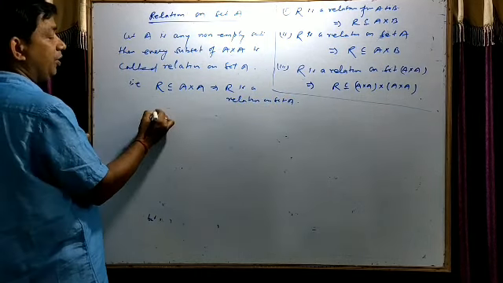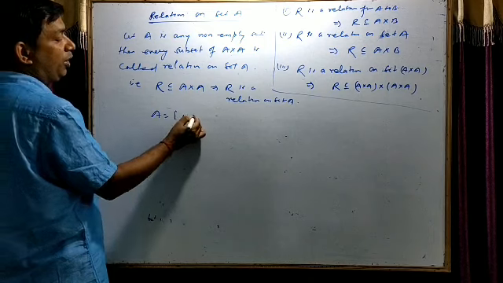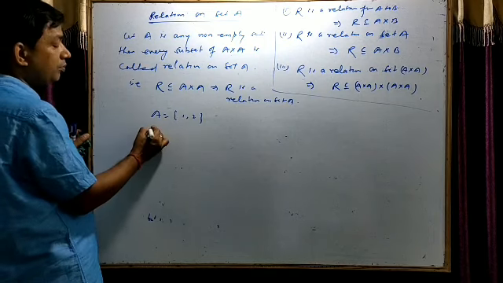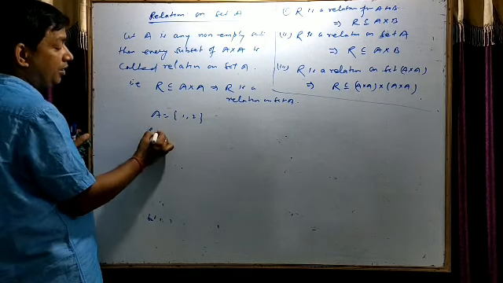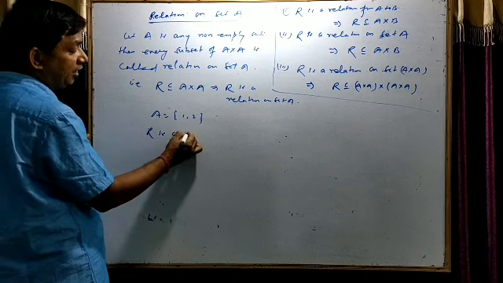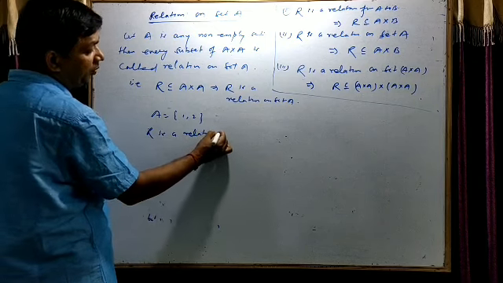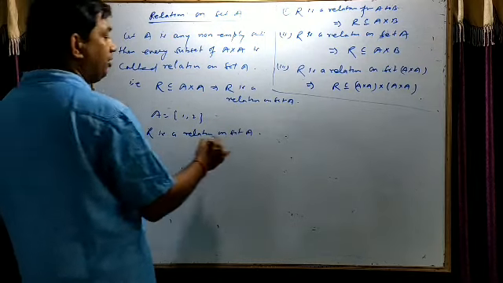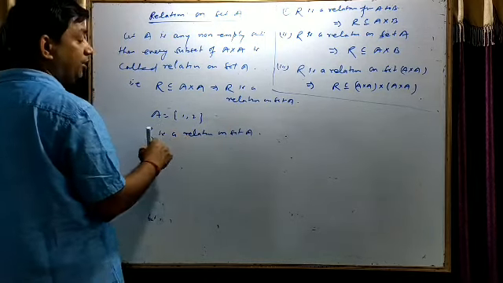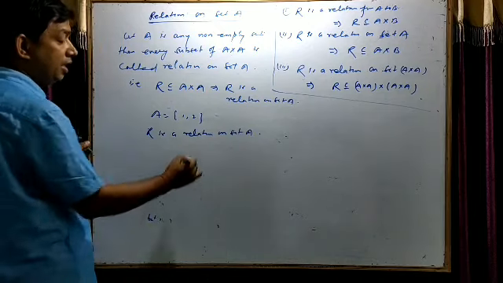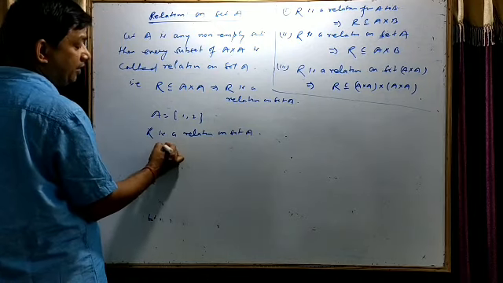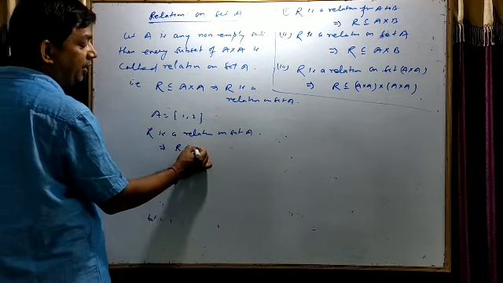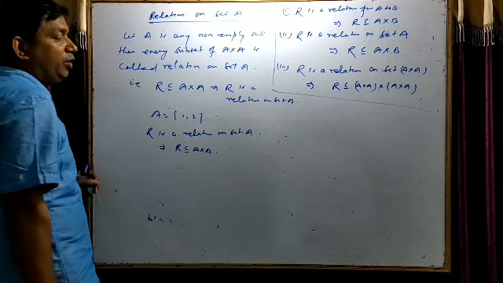Okay, suppose A equal to {1, 2} and R is a relation on set A. What does it mean? It means R is a subset of A cross A. Now what are the elements of A cross A?